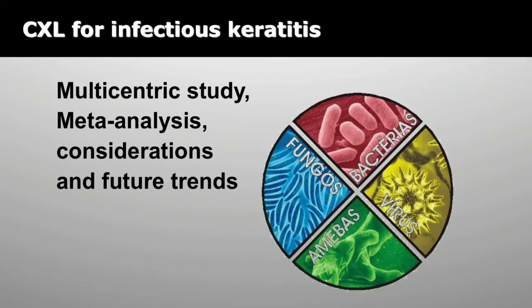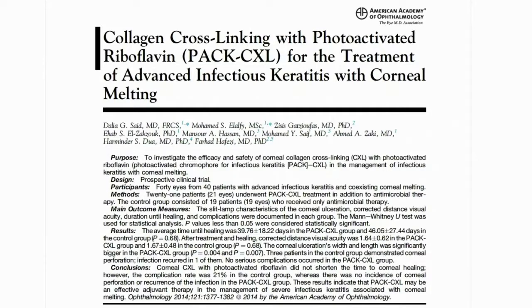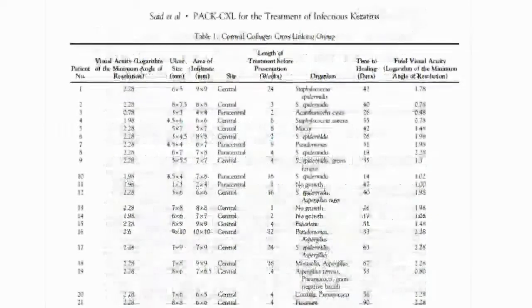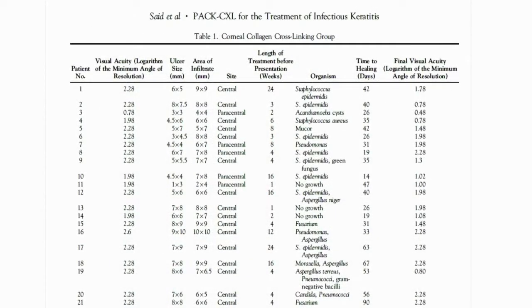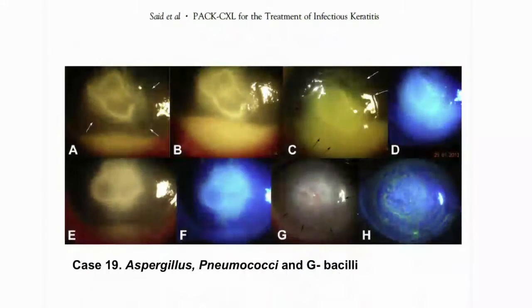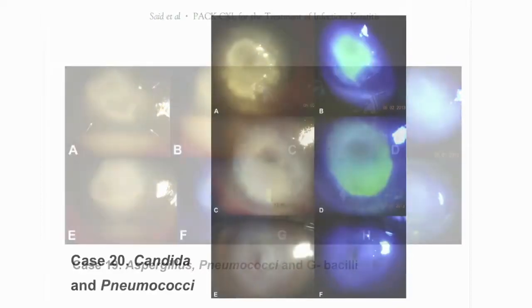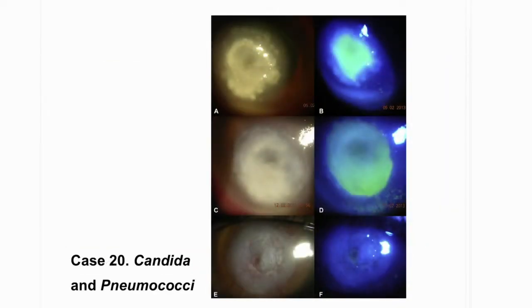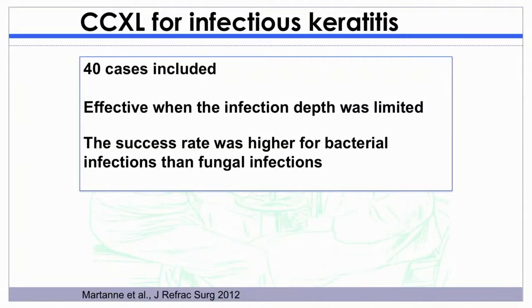Now let's take a look at some of the big multicentric studies and meta-analyses we have in the literature. This is one that involved a few groups in Europe and the Middle East, in which they analyzed a couple of different infections. They found that cross-linking, especially in the cases with corneal melting, can decrease the time of resolution of some of these cases.